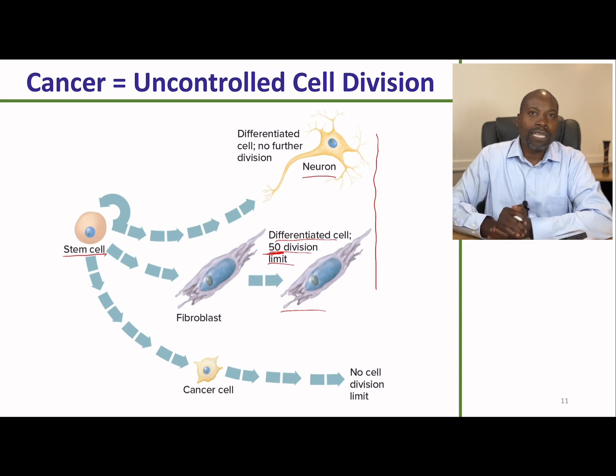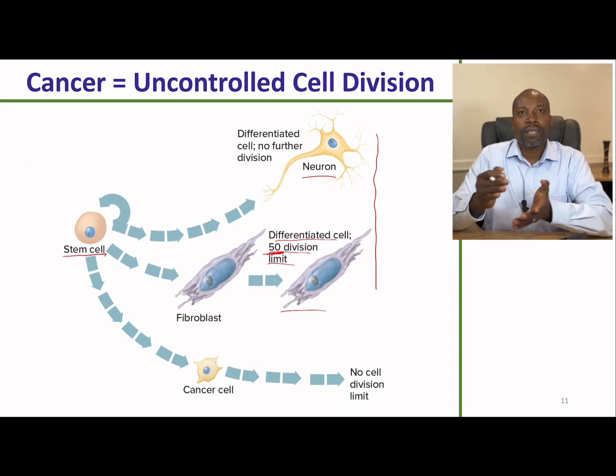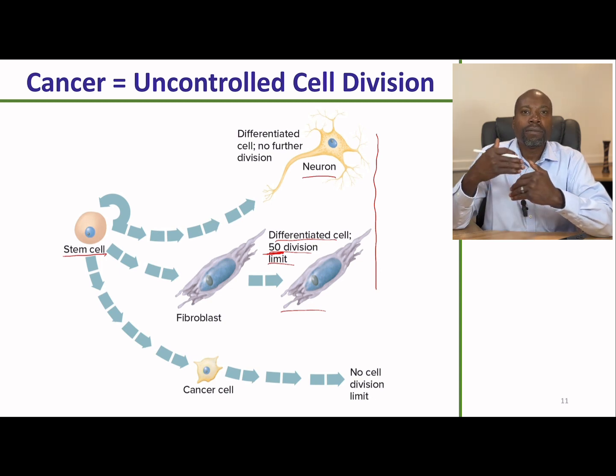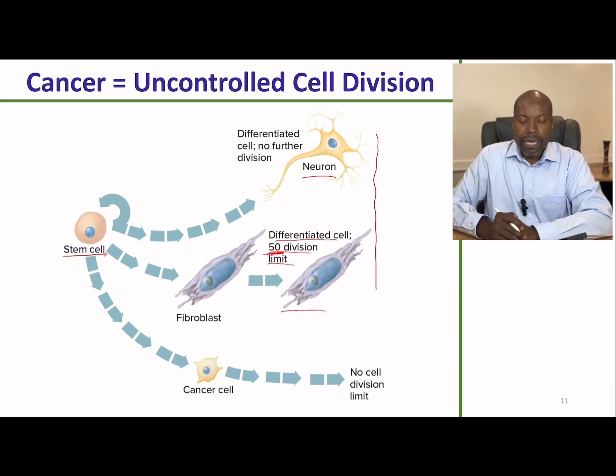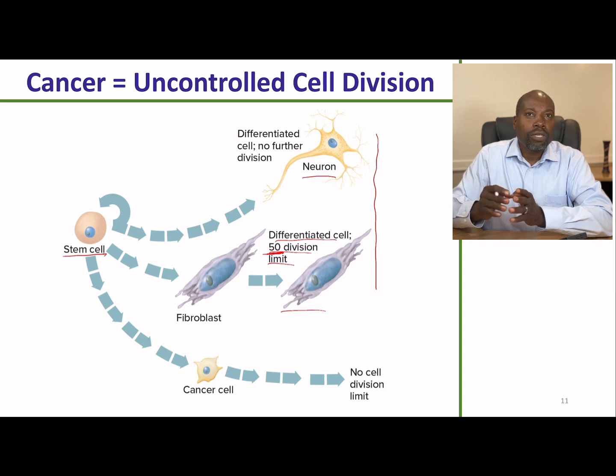Why? Because of the telomeres, right? We talked about gene expression. We talked about the telomeres, right? So the telomeres shrink with the number of cell cycles. However, in the case of cells that are modified so that they undergo uncontrolled cell division, these telomeres do not shrink. Okay?